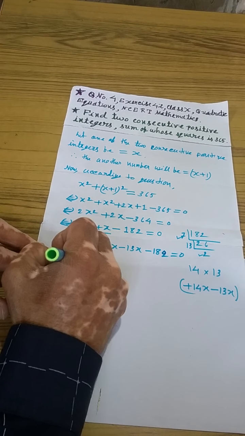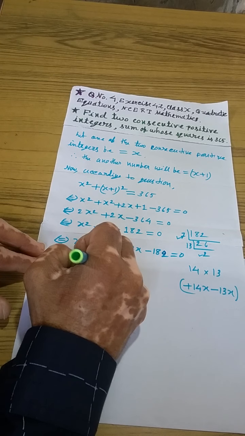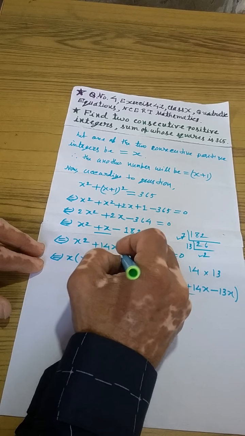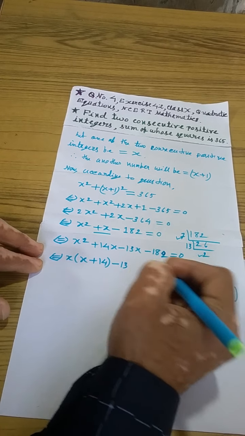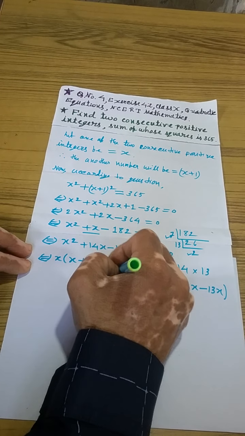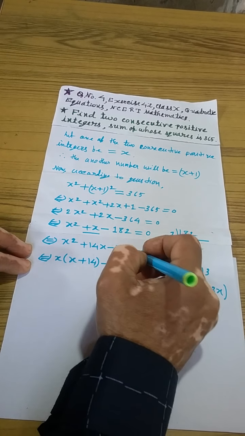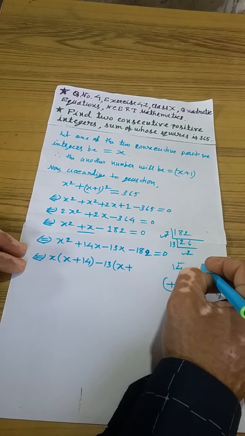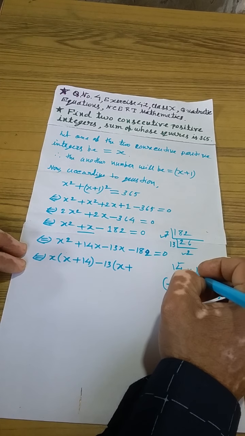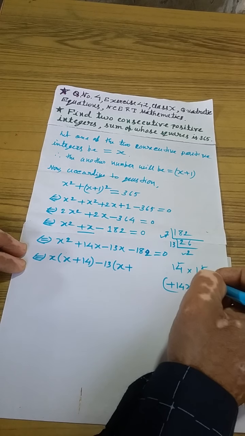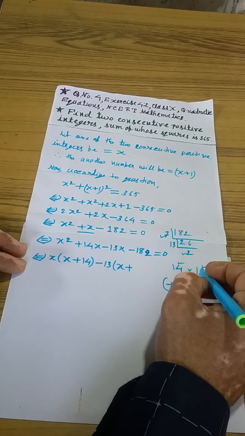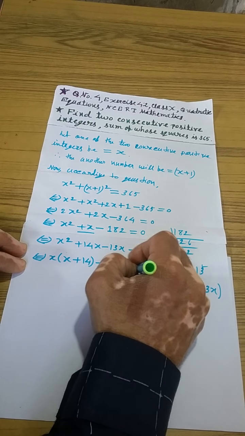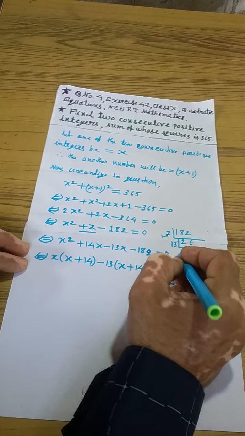That again implies if we take x as common, we will get x plus 14 here. If we take minus 13 as common, then we will get here x plus 14, since 14 times 13 is 182.